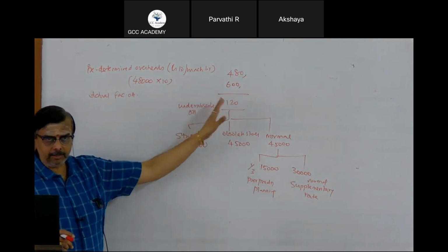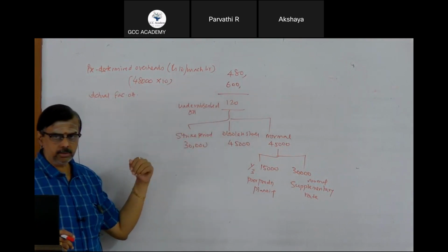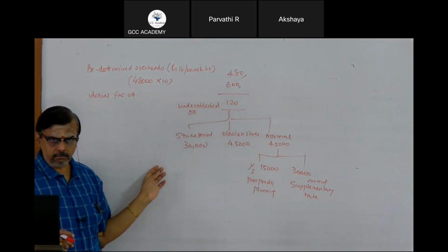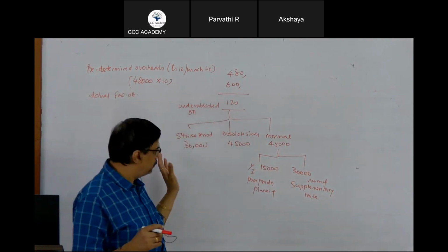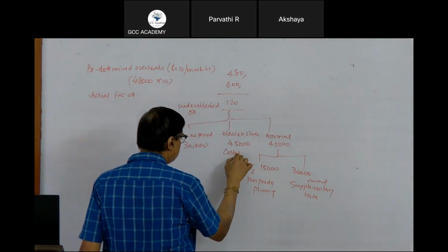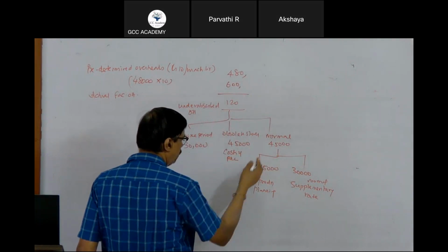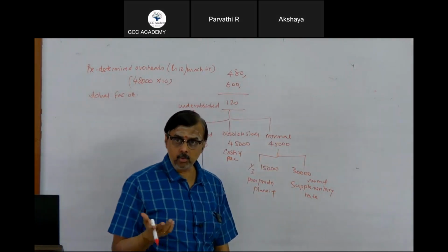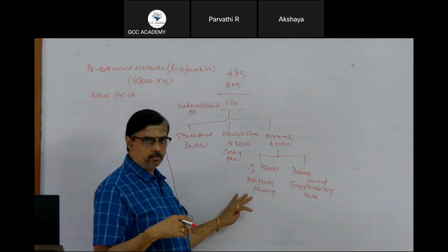So 1 lakh 20,000 analyzed: 30,000 is a one-time settlement due to strike period, ignore it. 45,000 is obsolete stock, which we can transfer to costing P&L. Normal increase is 45,000. Out of that, 1/3 is due to poor production planning.